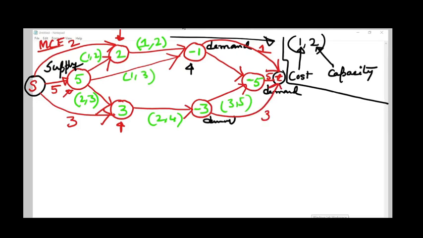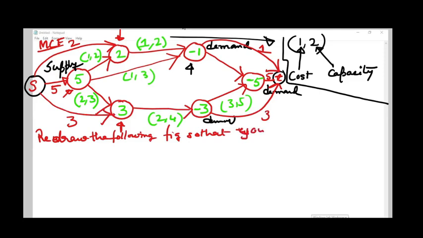Now you have to redraw this. Write down, friends. Redraw the following figure so that you get the below graph. How will it look, students?